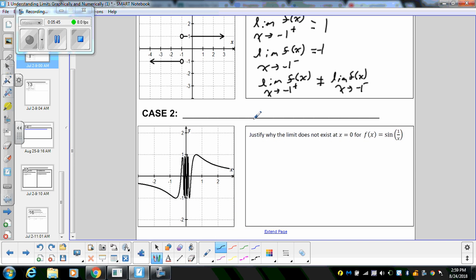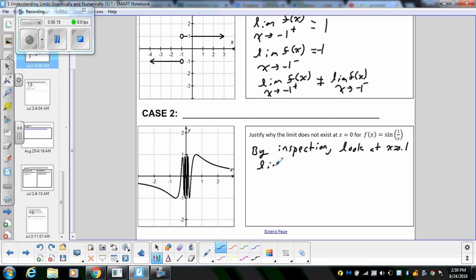In case 2, it says justify why the limit does not exist at x equals 0 for f of x equals sine of 1 over x. So by inspection, we're going to look at x equals 0.1.